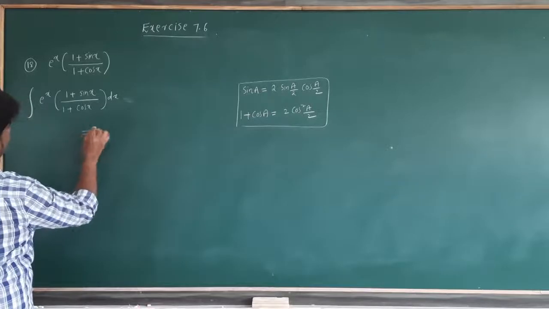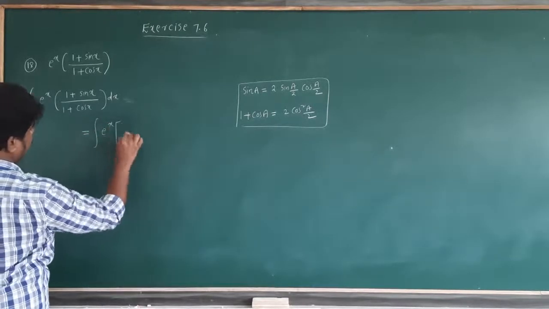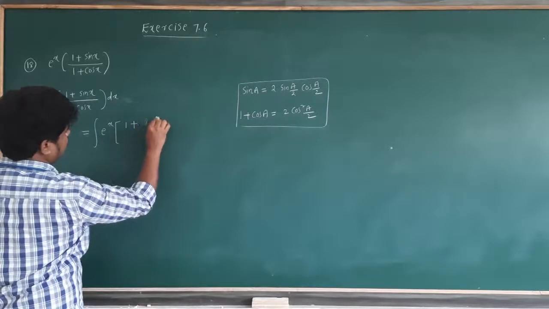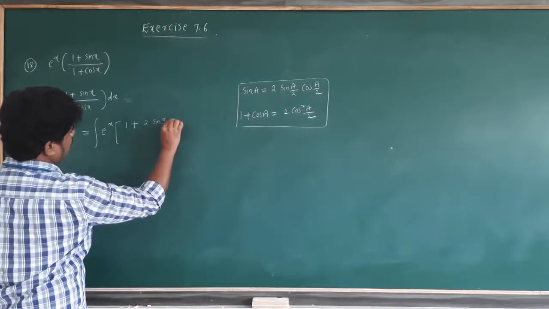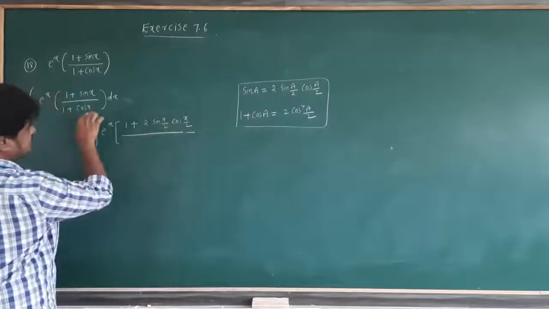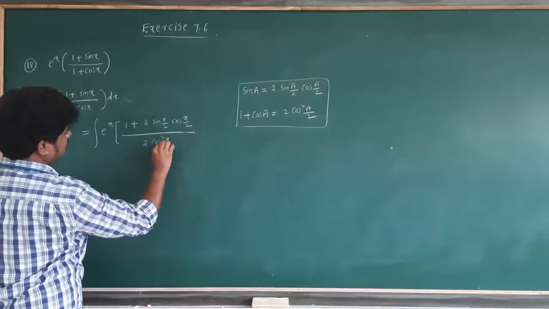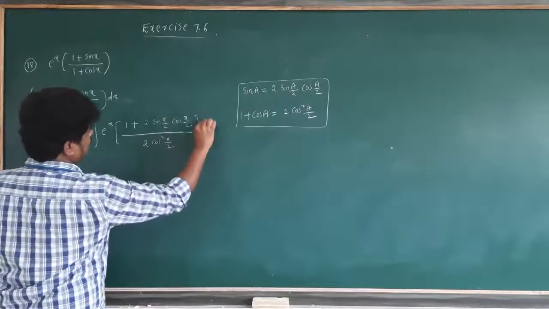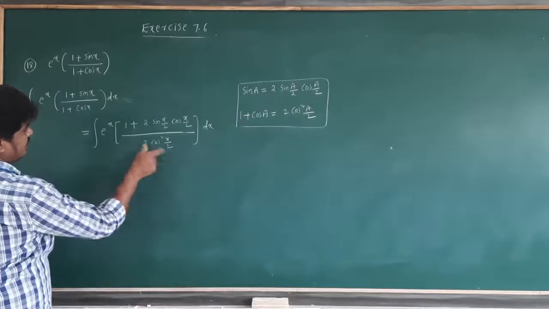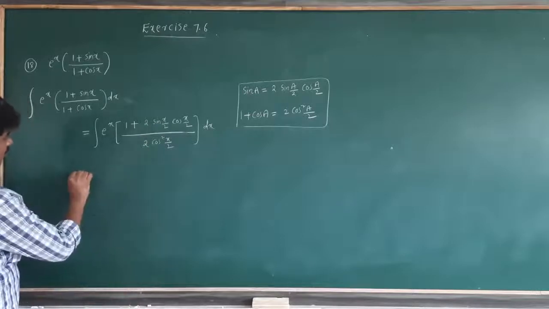So this equals the integral of e to the power of x into (1 plus sin x) meaning 2 sin(x/2) cos(x/2), divided by (1 plus cos x) meaning 2 cos square (x/2), dx. Now take separately the 1 and the 2 sin(x/2) cos(x/2). What will we get?